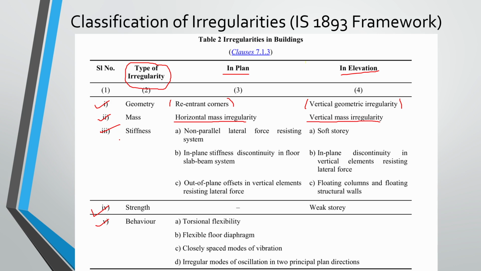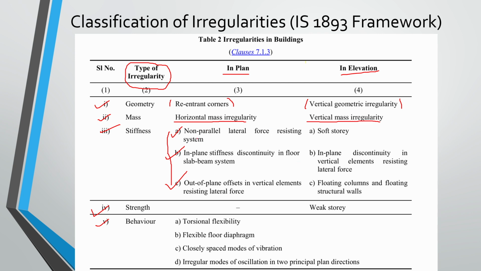Third one is stiffness. In plan, there are 3 ways: first, non-parallel lateral force resisting system; or in-plane stiffness discontinuity in floor slab beam system; or out-of-plane offset in vertical elements resisting lateral force.